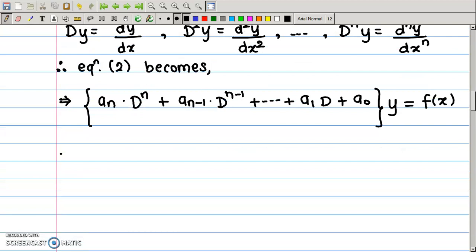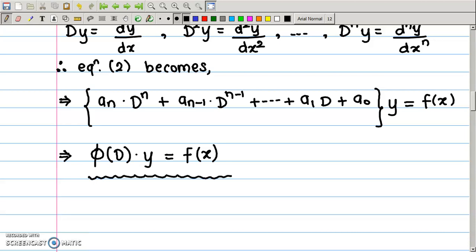So we can observe the terms in the bracket form a polynomial in terms of D, which is to be operated on dependent variable y and equated to f of x. So this will be my general representation of linear differential equations with constant coefficients.